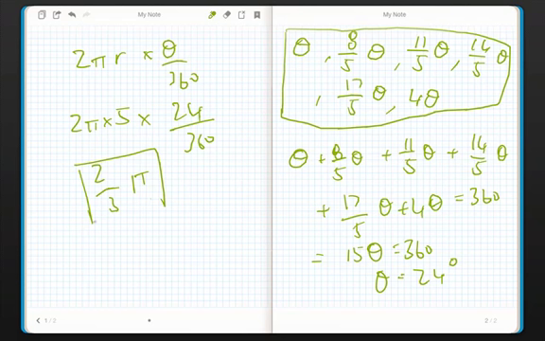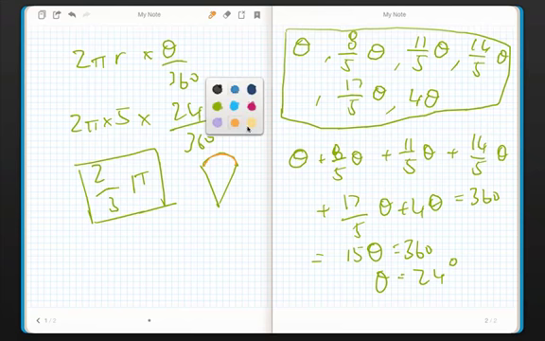Now we're trying to find the perimeter. That's what the problem says. The perimeter of a sector, we can draw it like an ice cream cone, is basically the arc length in orange plus the sides in blue.